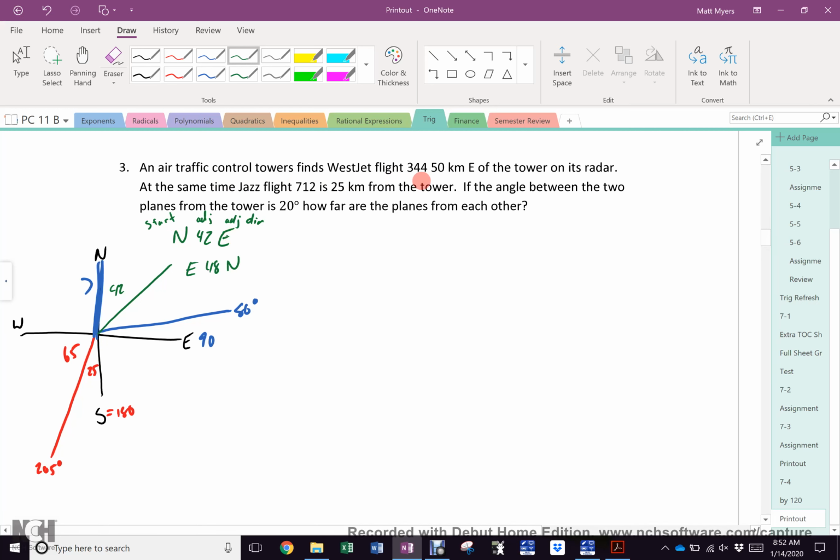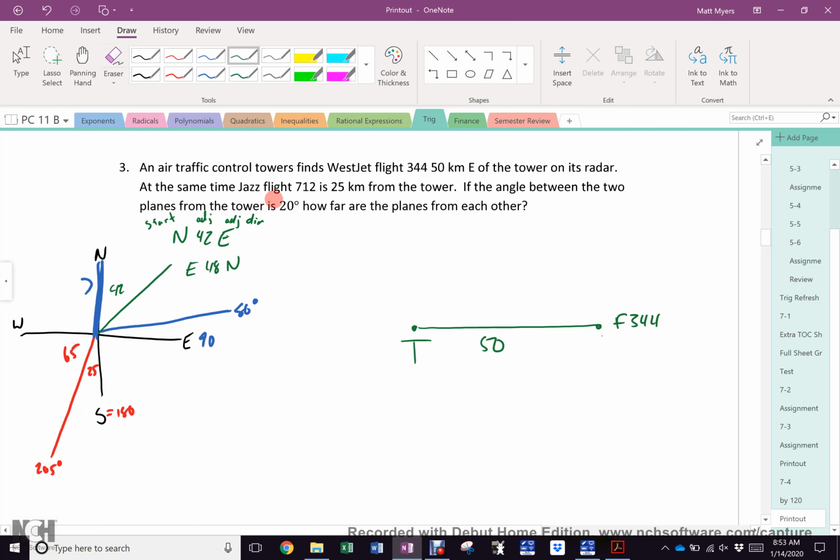So, the air traffic controller finds WestJet 344, 50 kilometers east of the tower. So let's put the tower right there. The jet is right here. There's flight 344. I'm going to underline him in, we'll just call him flight 344. 50K.